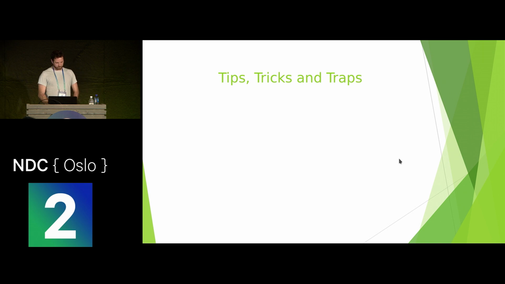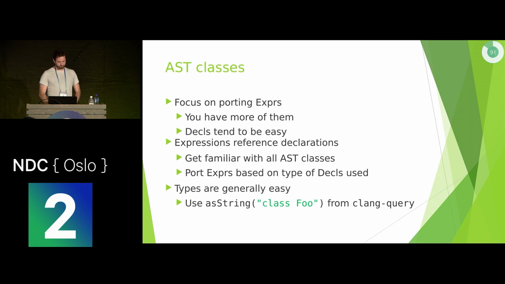So just a few slides about things you might encounter when trying to create your own tools. You should focus on expressions. You have a lot more expressions in your code, and they tend to vary a lot more. So when you're running your automated tool, focus on where the expressions are different and try to capture as much of that as you can.